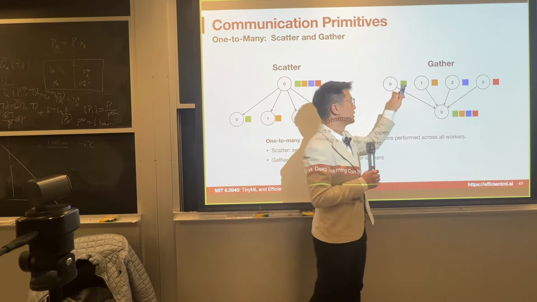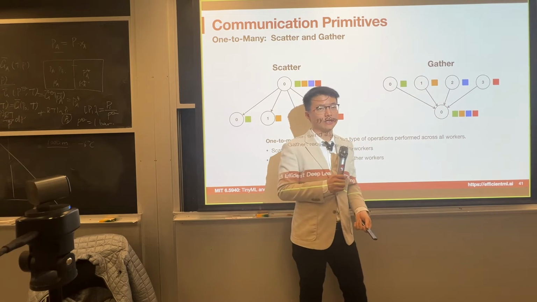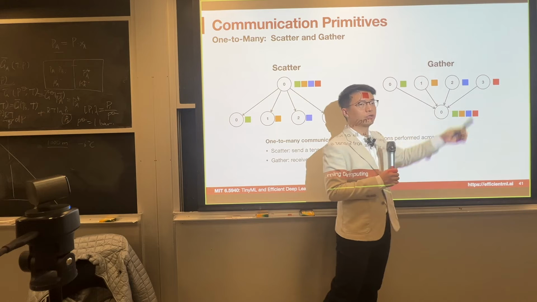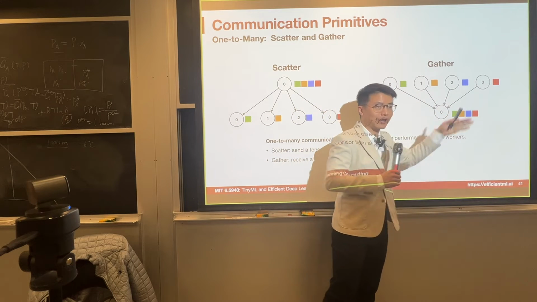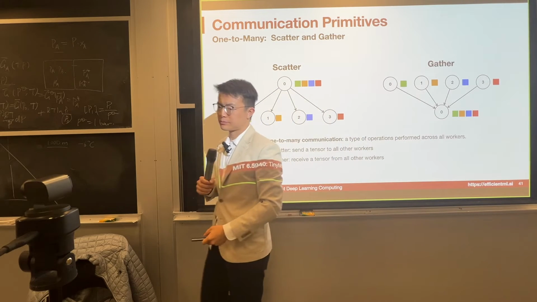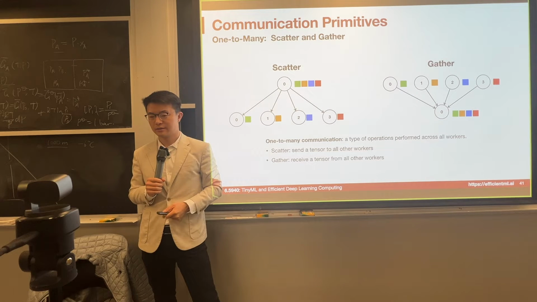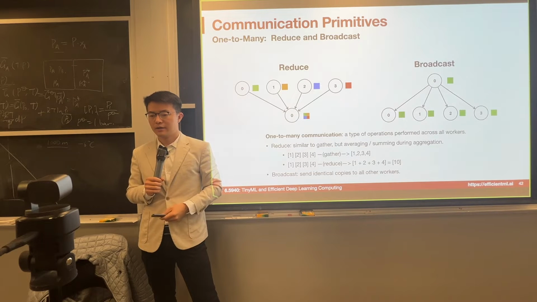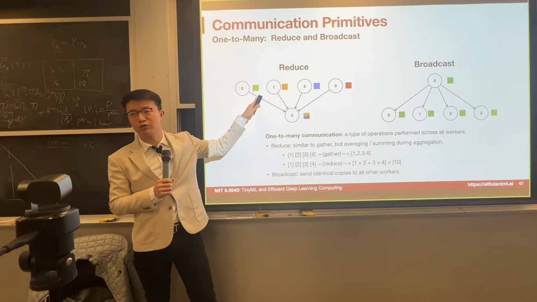And gather is saying each worker has a separate copy of one part of the data, and it's going to gather it together in another node, which is the inverse of the scatter process. And very similar to gather, we have this reduce function.